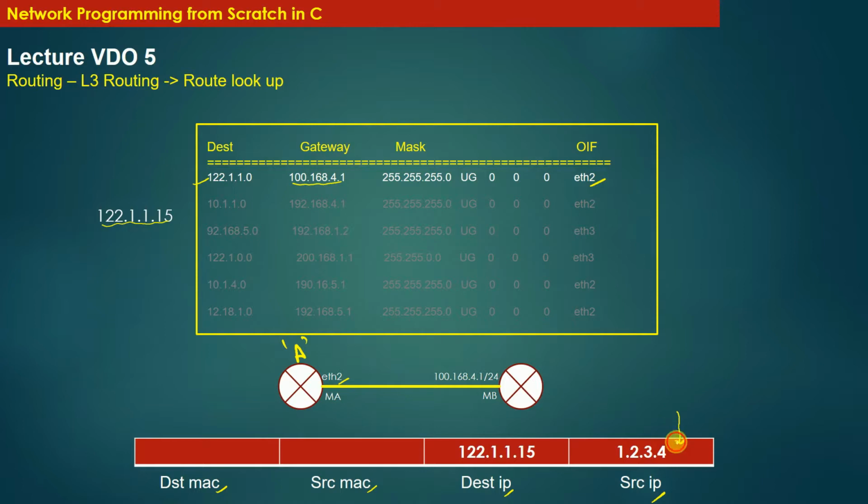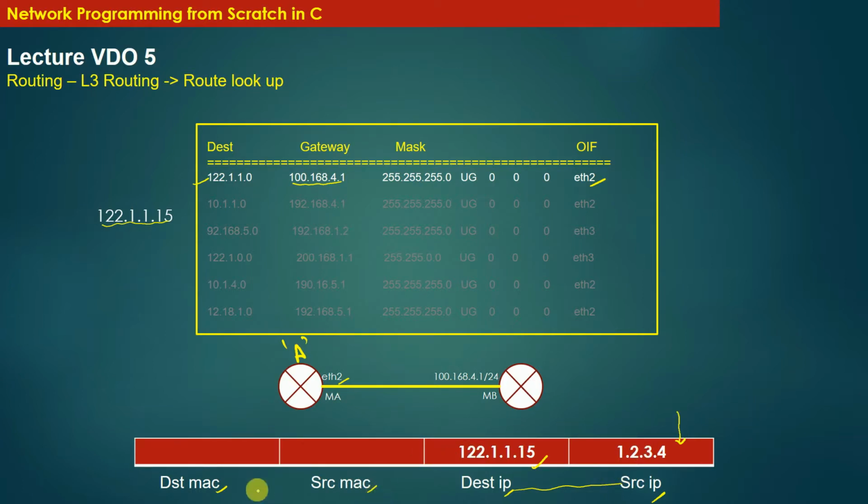So we have assumed that the source IP address in the packet is 1234, and the destination IP address in the packet was 122.1.1.15. So remember, during L3 routing, the source IP address and destination IP address never change.